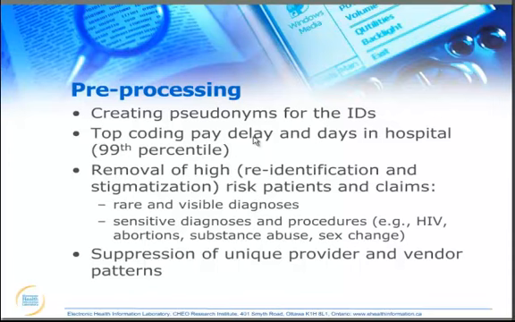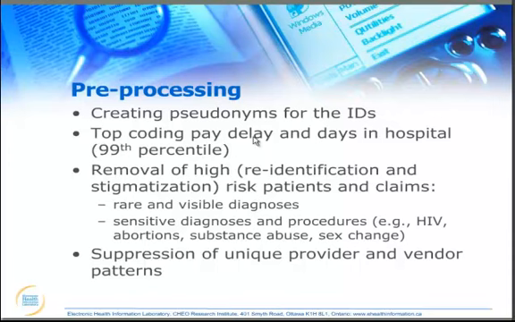And patients having undergone procedures indicating intersex surgery, so sex change, were removed. And we didn't just remove the claims, we removed the whole patient, because if a person had a sex change, you would be able to tell from other information in their record through a longitudinal claim.